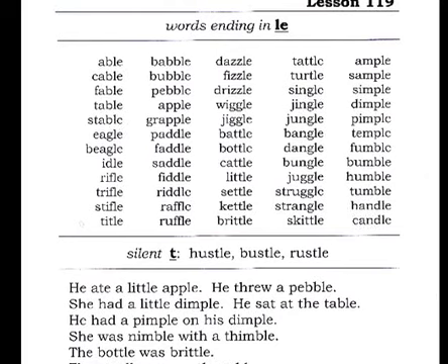The L sound is spelled L-E, as in hustle. That's an exception. Hustle, bustle, and rustle. In those words, the T is silent. So write these words, write them in the sentences that are in that same lesson, so you will learn how to spell them.